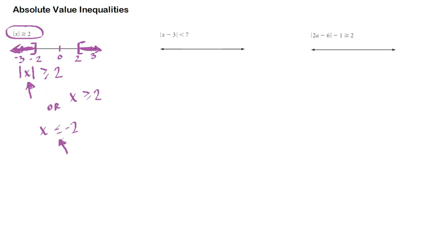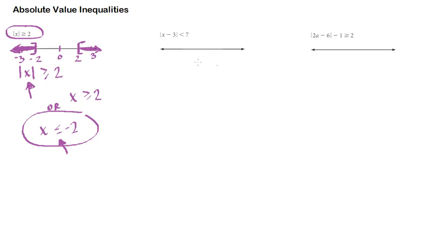Just like in the inequalities that we did before, if we multiply or divide by a negative number, we flip the inequality. So that's kind of what this is doing. It's looking at that negative case, which changes the direction of my inequality.